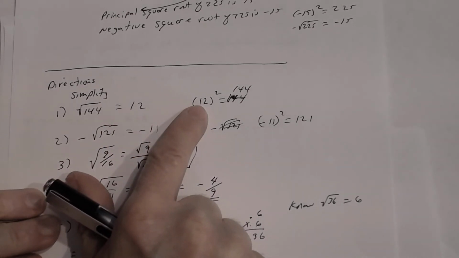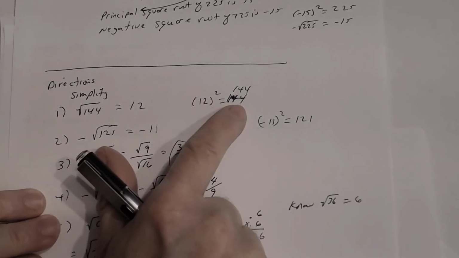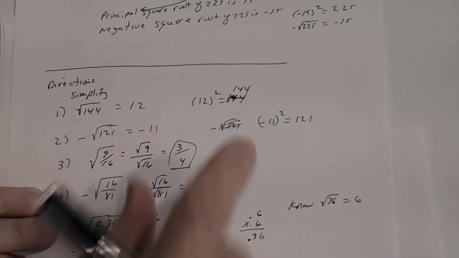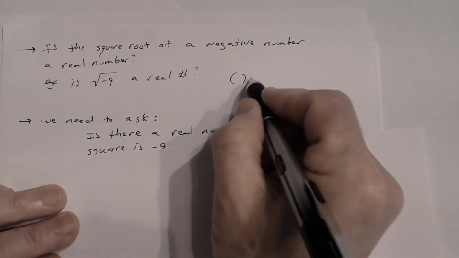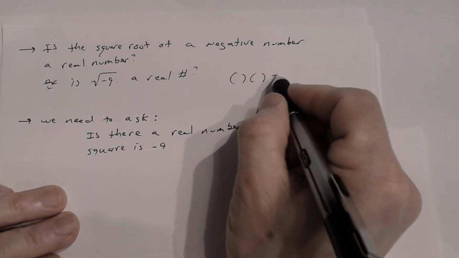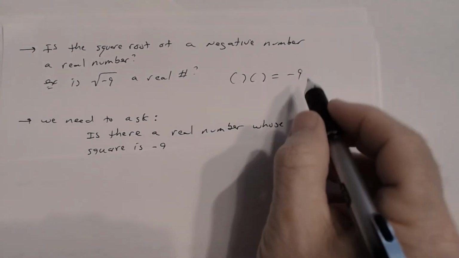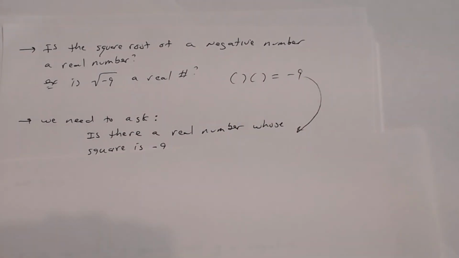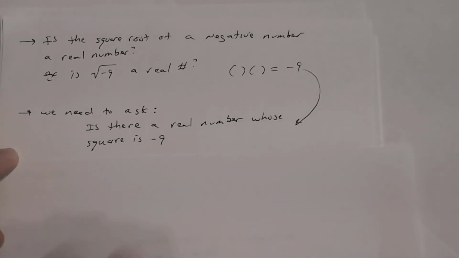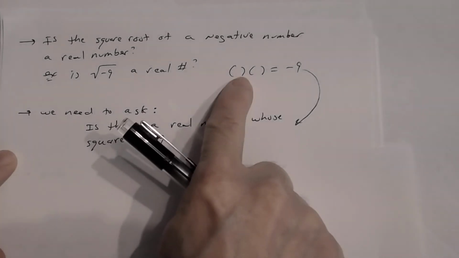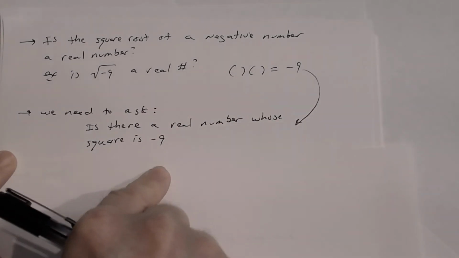I can take 12, multiply it by itself, and it gives me 144. So the question is: is there a real number times itself that equals negative 9?